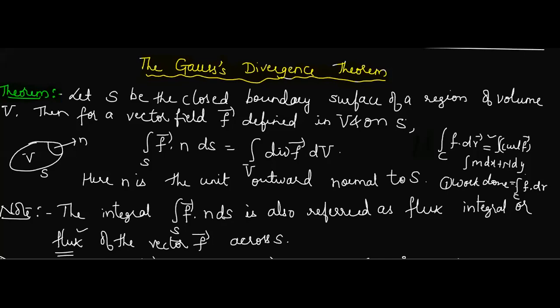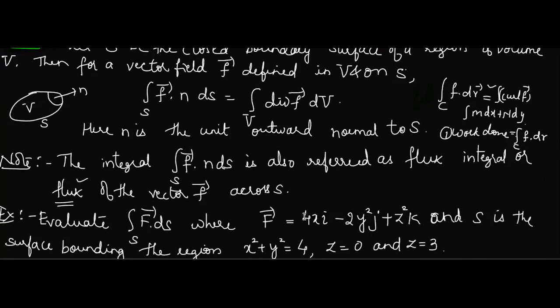This part has to be remembered, and work done is calculated by using the definition of line integral. Clear? The integral F dot n ds over S is also referred to as flux integral, or flux of the vector field F across S. Now with this, let us start solving the example.